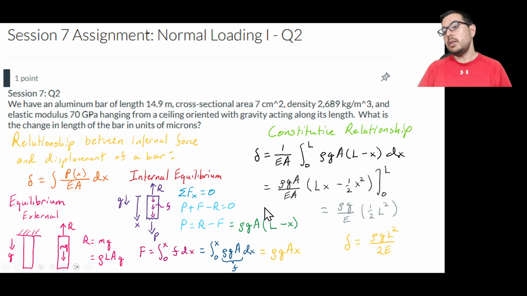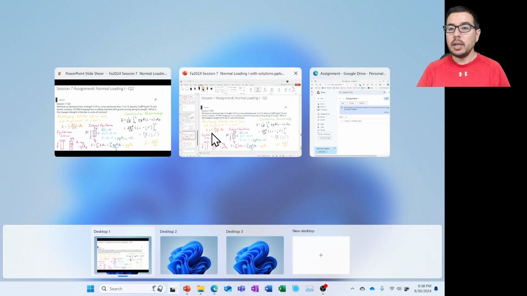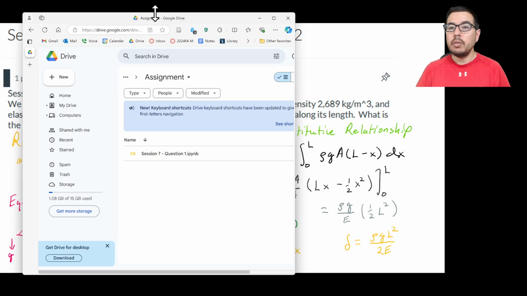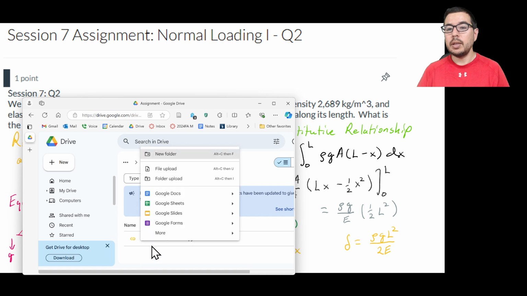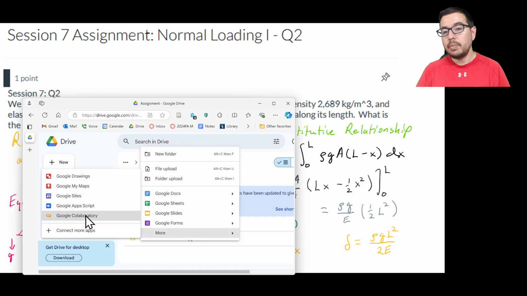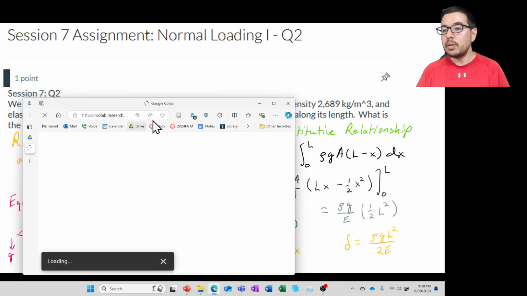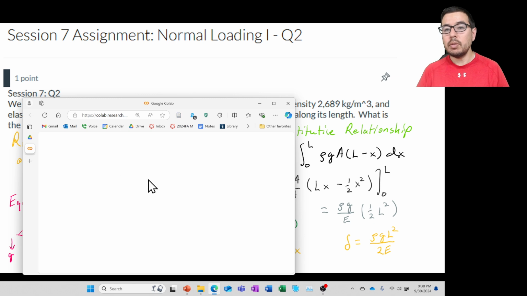So let's go ahead and plug in some numbers here. We'll just do it in Colab because you've now got a lot of experience doing it in Google, and I think that Colab is quite useful.